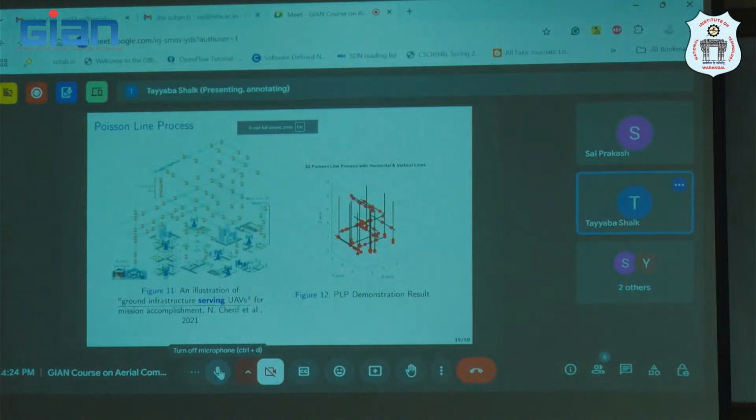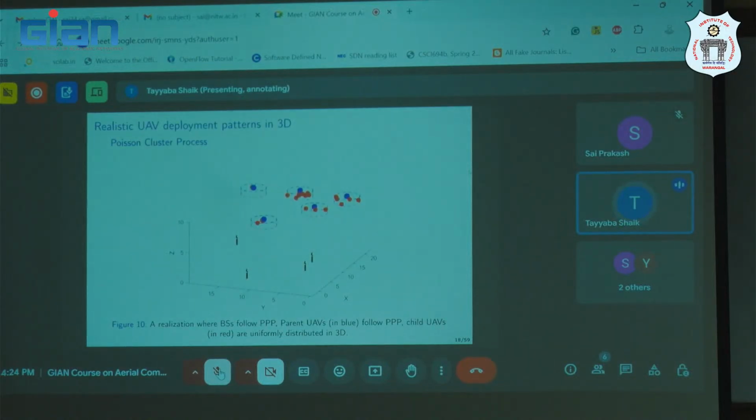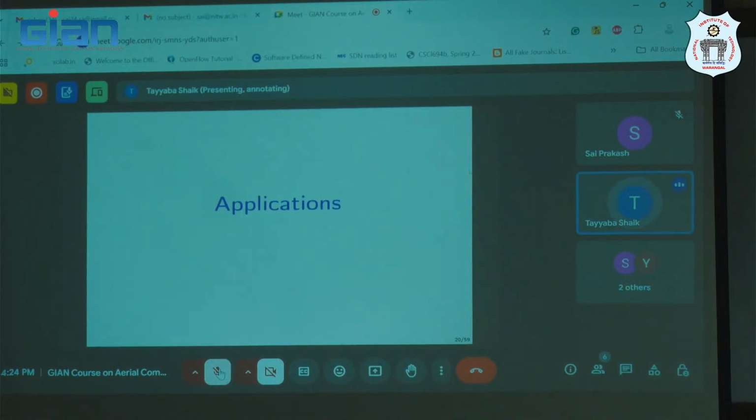Yeah, continue, ma'am. Okay. So till now we have seen different ways to model UAV point process. Different ways, as in the Poisson line process, or the cluster process, or the PPPs or the BPPs. Now we'll see where exactly are these used to study the performance of a network.